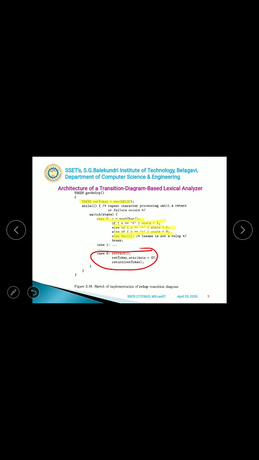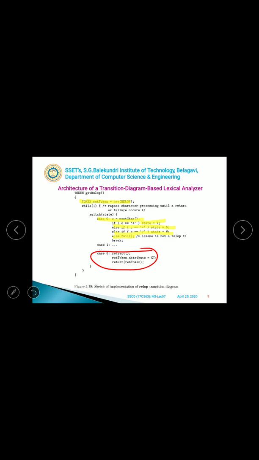Now when you expand this whole program, the entire relational operators can be written as case 0, which means state 0, case 1, which means state 1. When you are in state 1, again there are three inputs. You have to read the character c, that is the next char. If c is equal to the equal symbol, or if c is equal to greater, see, already you have consumed the less than symbol in state 1.